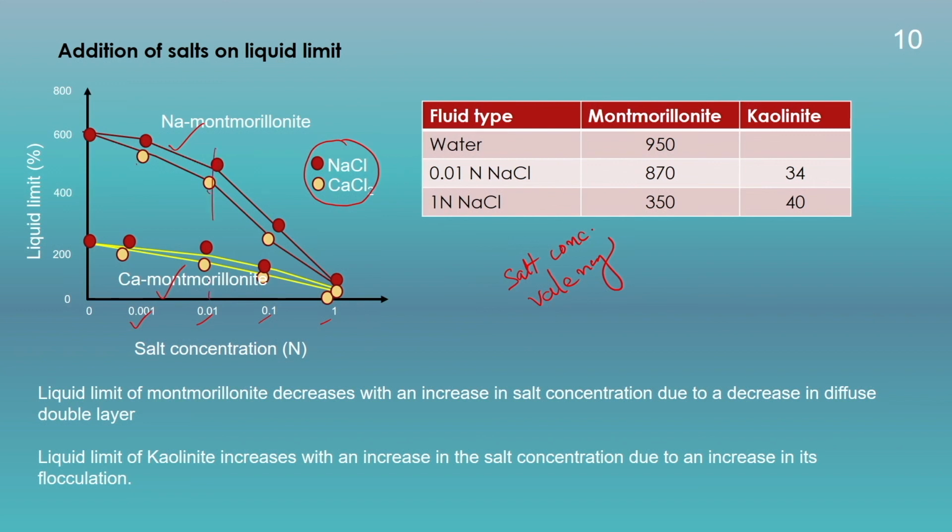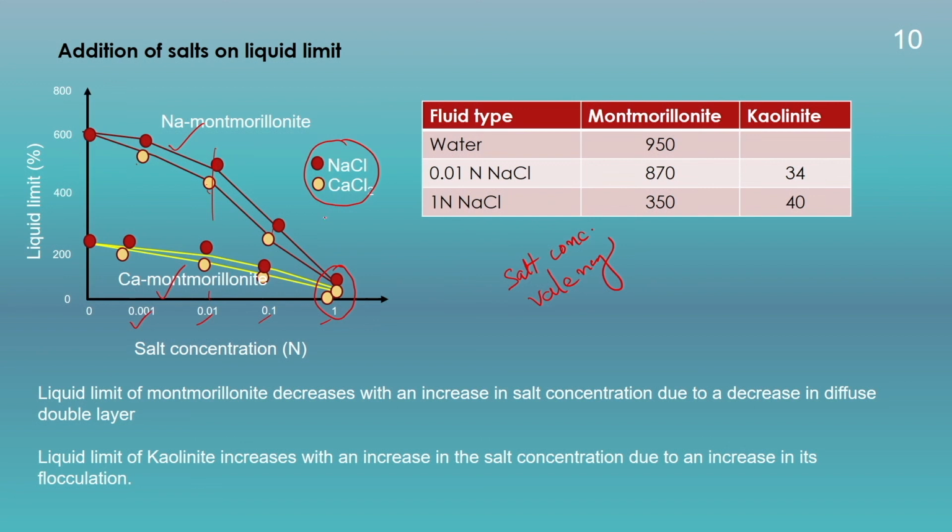Similarly, over here we can see the difference between the sodium chloride solution and calcium chloride solution for the same concentration. However, we can see here with the increase in the salt concentration, the difference between the liquid limit values for the two soils will be decreasing, and at higher concentration it comes to an almost identical value.